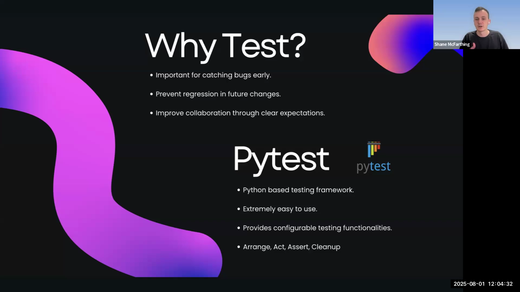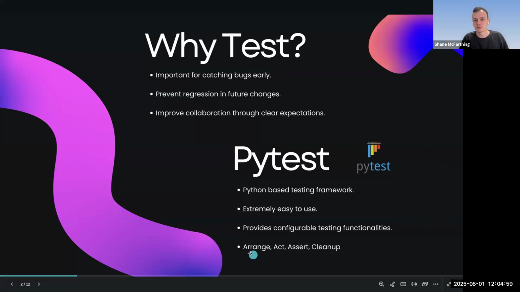So we can look at it as arrange, act, assert, and cleanup. What we try to do with a test is test some functionality, like a function or something like that, and then we want to make sure that the behavior is as expected. So typically we'll have some sort of expected output, and then we'll compare the output of that function with what we expected. The test passes if it matches and it fails otherwise.